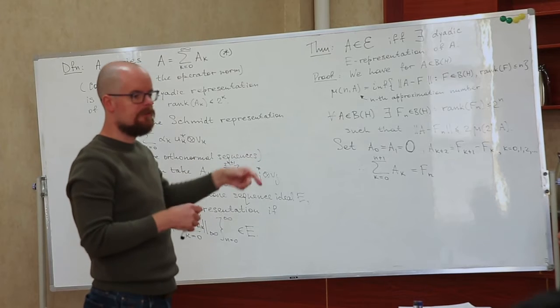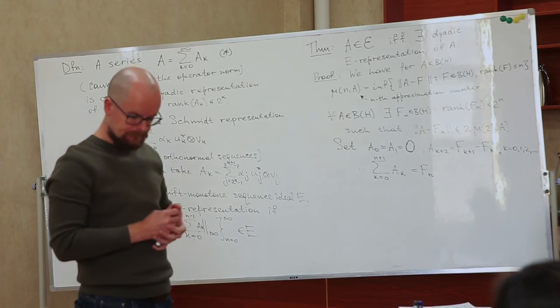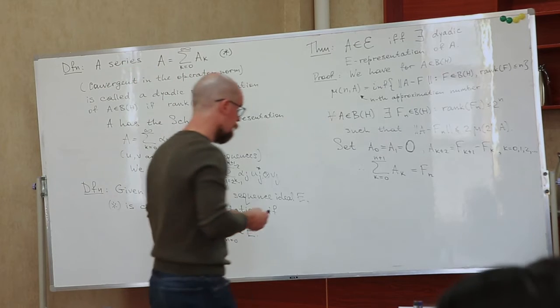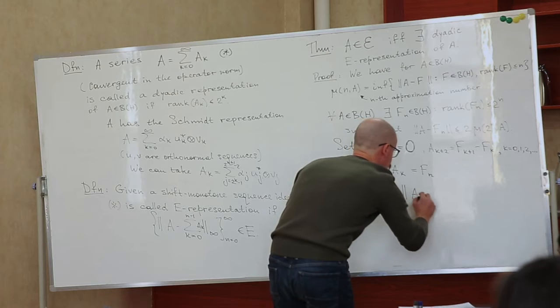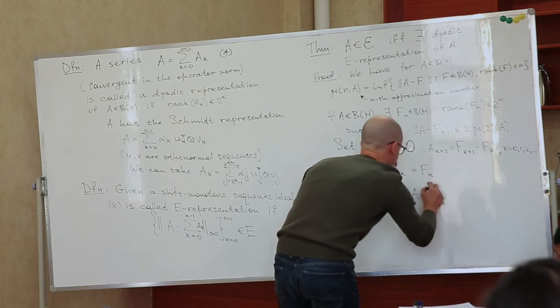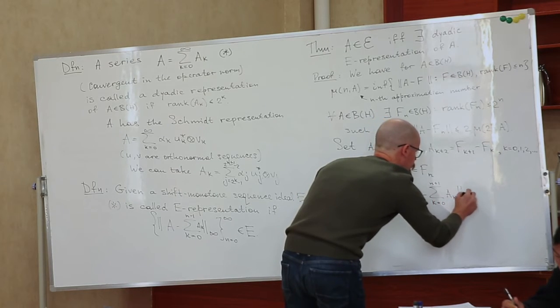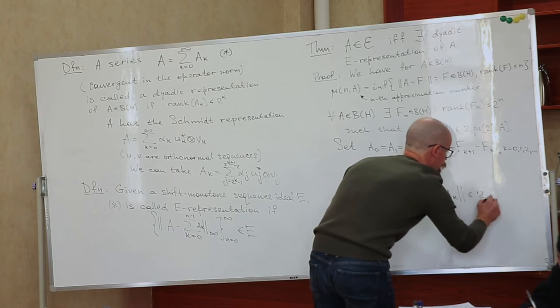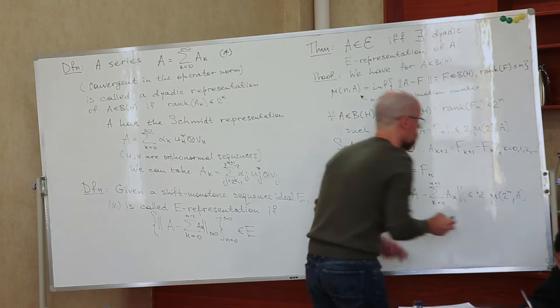So they cancel each other out. And therefore the norm of A minus this is less than or equal to 2 mu at the point 2 to the power of n.